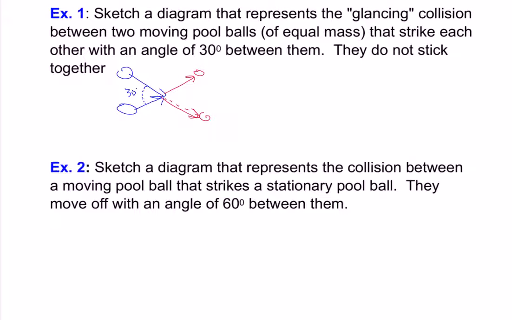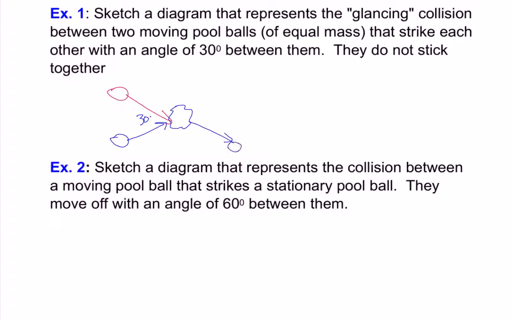I should have color-coded them, so let's erase that and start over. Let's suppose our red one goes down at an angle, and the other one is blue. It's going up, and we've got 30 degrees between the two. Then after they collide, the blue one will go back down, and the red one would likely bounce back up.